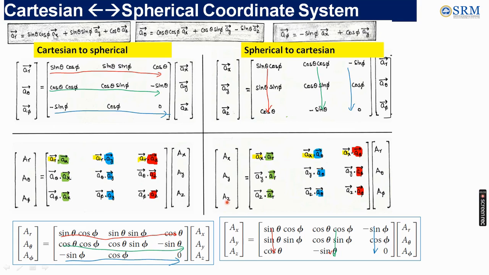This completely dotted with AX, the rest of the terms will get 0 because the dot product of the same vector only gives 1. So the sine theta cos phi term will come here. Similarly for the second, my AY component only will be retained, sine theta sine phi. Similarly, for the third, the cos theta term will be retained. If I compare the unit vectors and the components along each of the directions, both will have the same set of matrix filled here.